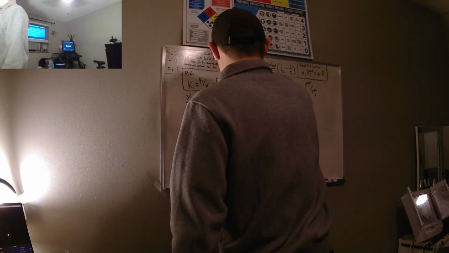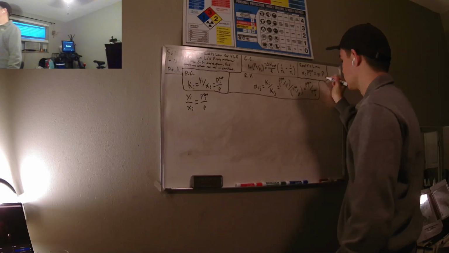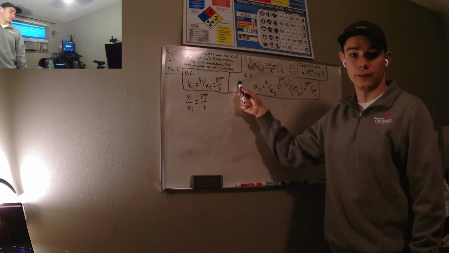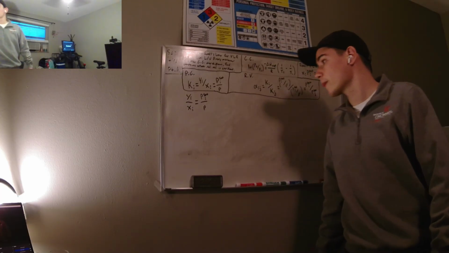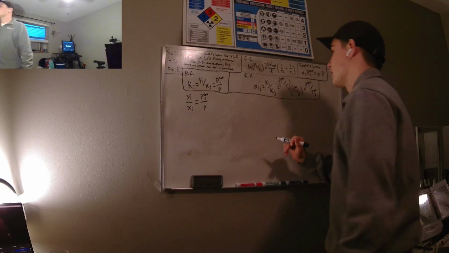And that gives us the whole story of what exactly our partition coefficient and relative volatility are. Now we can move on to playing with the Clausius-Clapeyron equation a little bit.